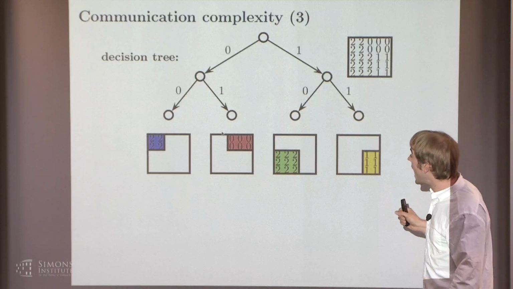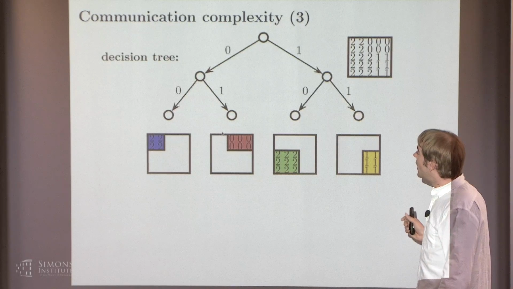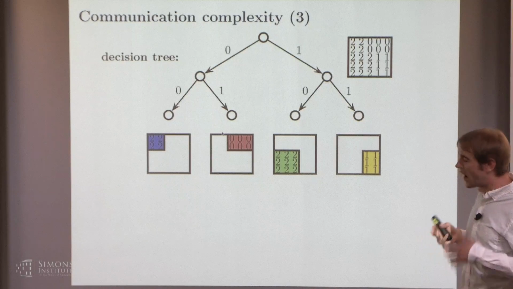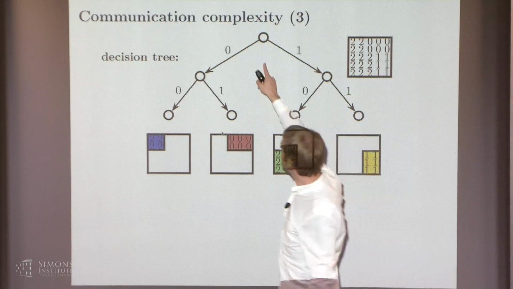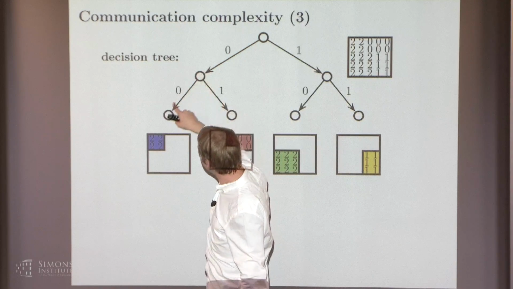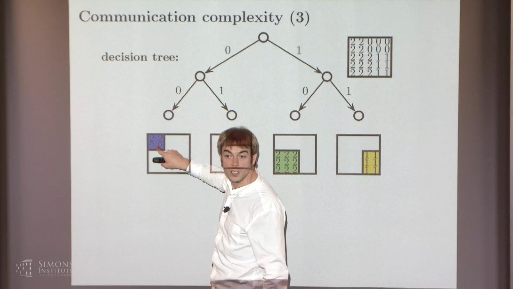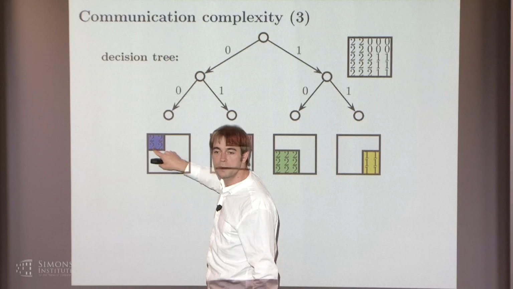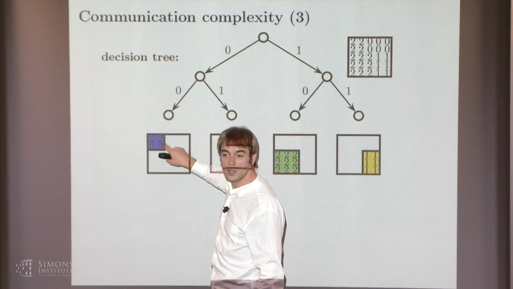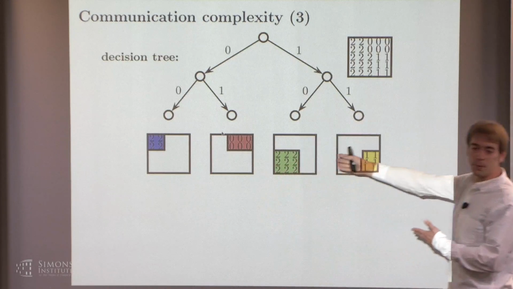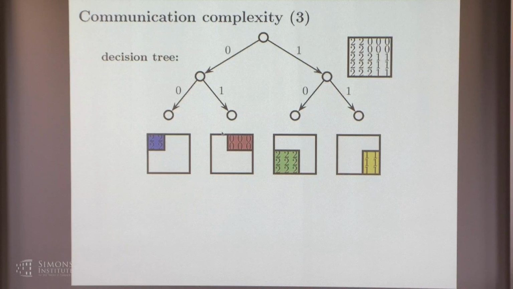So actually what happens is that the set of inputs for Alice and Bob that lead to going down this path in the protocol tree must be a combinatorial rectangle. The value of the matrix must be the same. Because otherwise there would be a mistake in the protocol. They couldn't be sure.